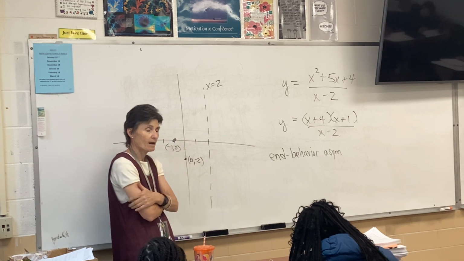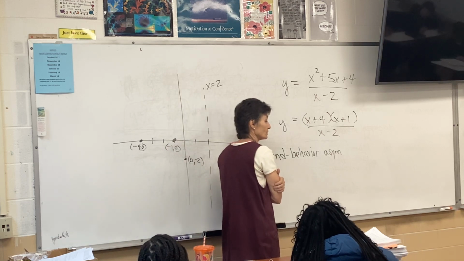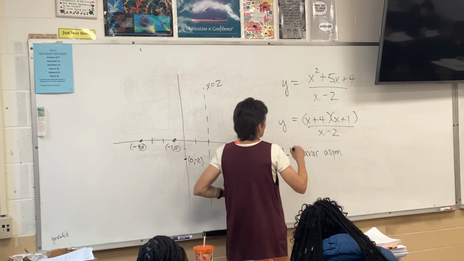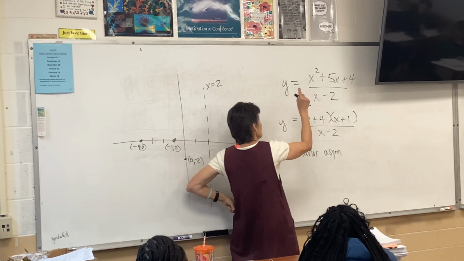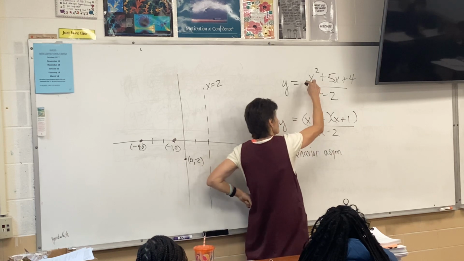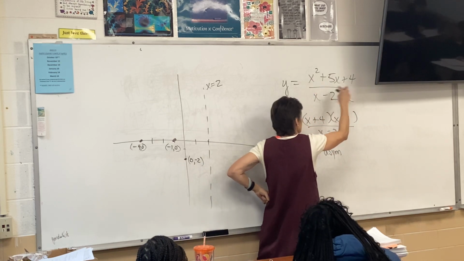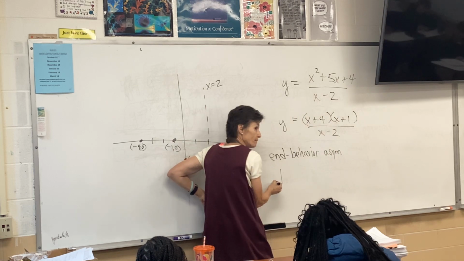They're the easiest kind. If there's no horizontal asymptote, then to find your end behavior asymptote, you need to do this division. So you recognize this is this divided by this, right? So I'm going to do synthetic division.